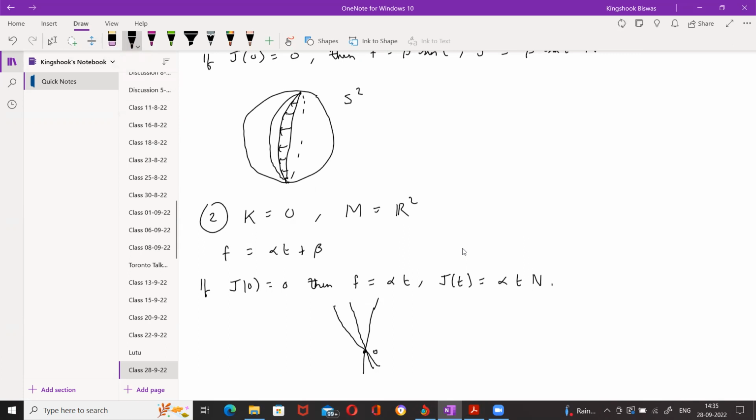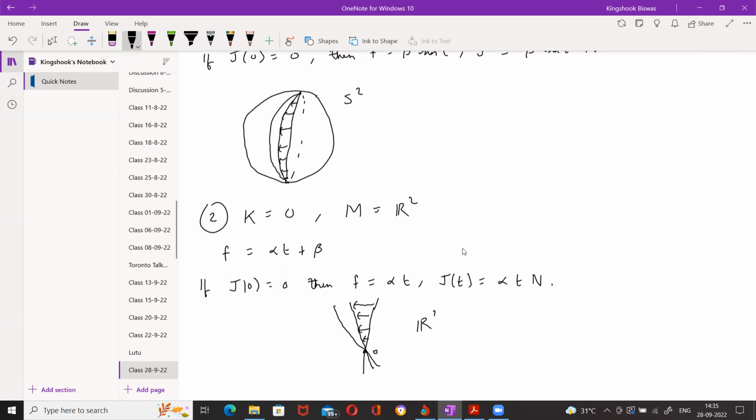Like I was doing here, I rotated a geodesic, keeping the starting point fixed. So again, I rotate around the starting point, and I'll get this Jacobi field, which grows linearly. You can see in the picture, the Jacobi field is growing linearly. Is this okay?